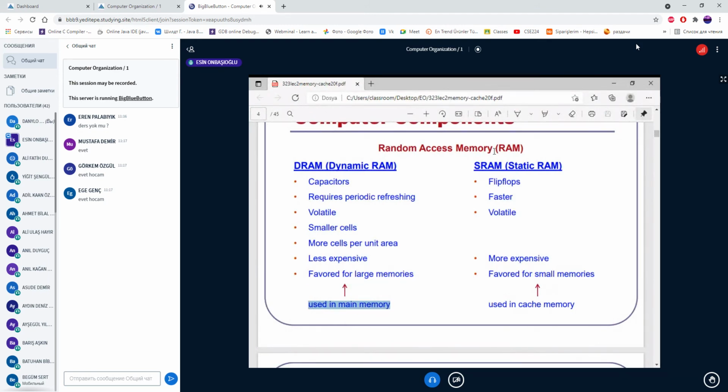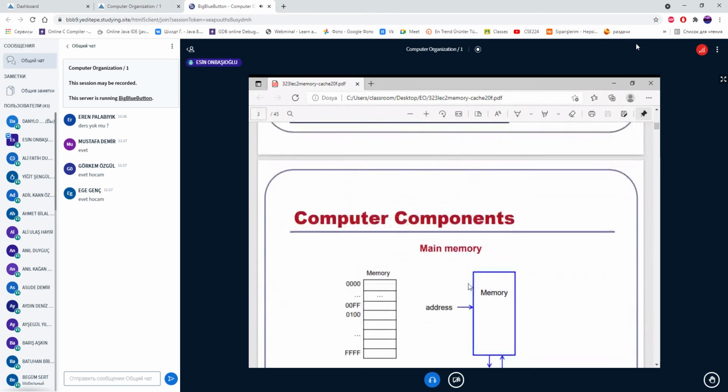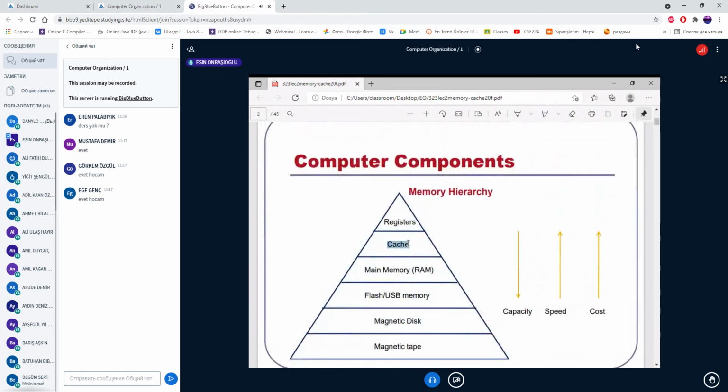And you can use static RAM for the cache, so that you have a smaller size memory, but faster. A smaller but faster memory can be placed between the CPU and main memory.